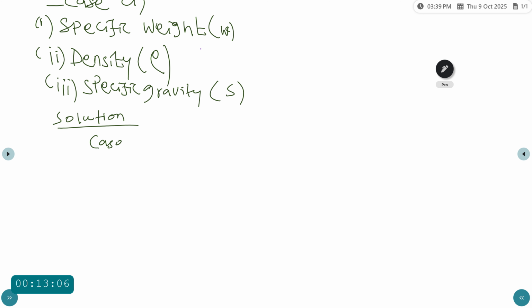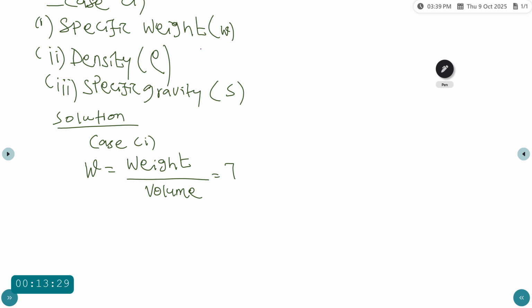In case 1, we need the specific weight. The symbol of specific weight is small w. What is the formula for small w? It is weight by volume. What is the weight value?